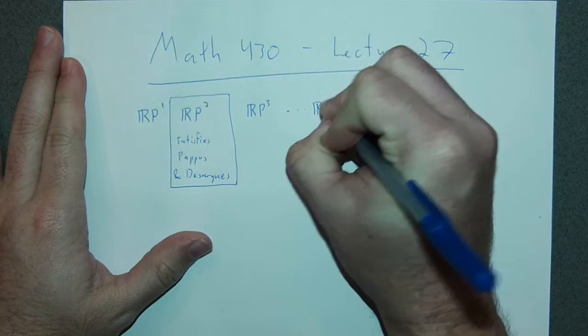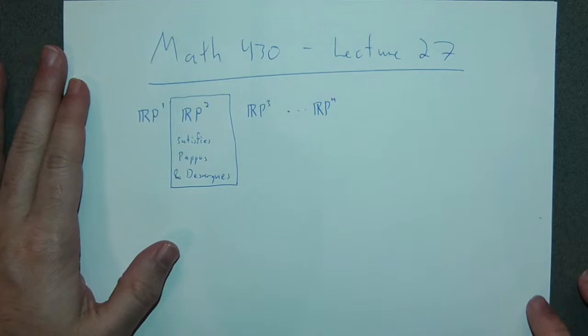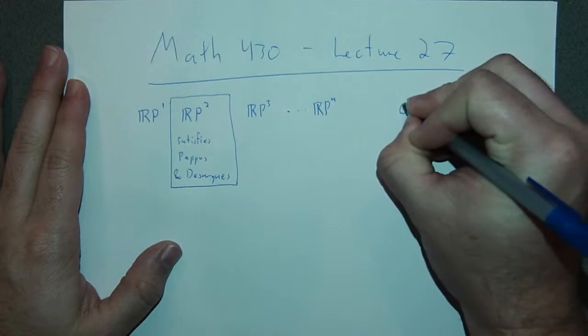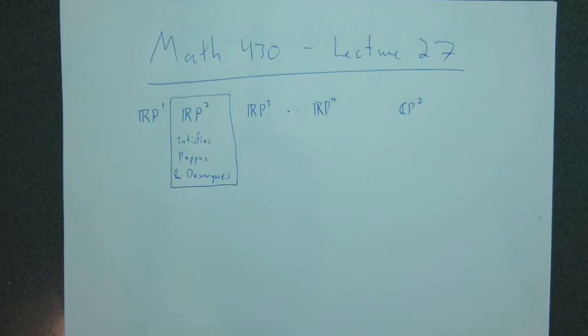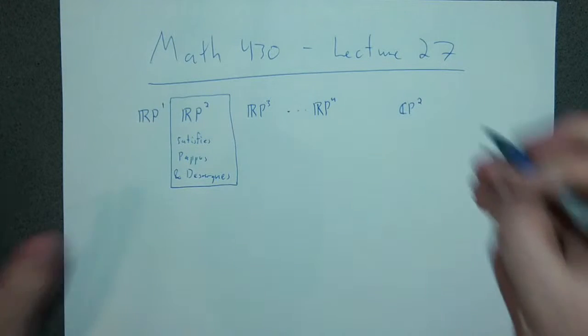Well, all of these actually satisfy Pappus and Desargues as well. We can similarly talk about CP2, which is our notion of the complex projective plane. So this is the exact same construction as RP2, except the underlying field is the complex numbers instead of the reals.